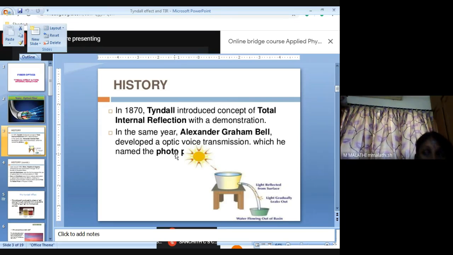Here, optical fiber is a waveguide made up of silica or a glass fiber of 50 to 200 micrometer diameter, which will transmit the light wave as a carrier wave, by the principle of total internal reflection, to reach the exit end. That we will see in detail. So I will tell you this again in detail.